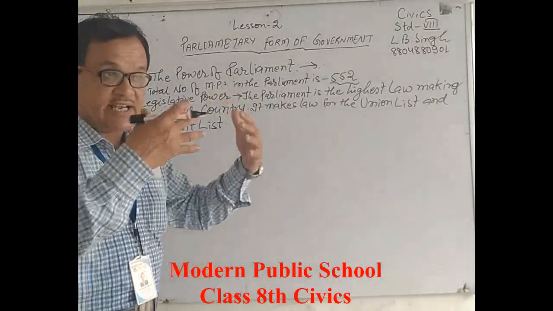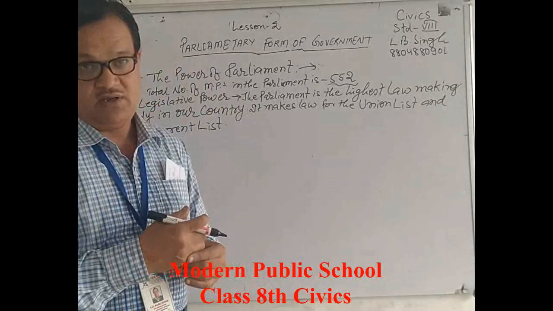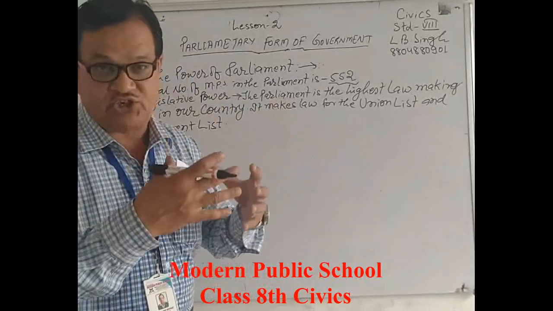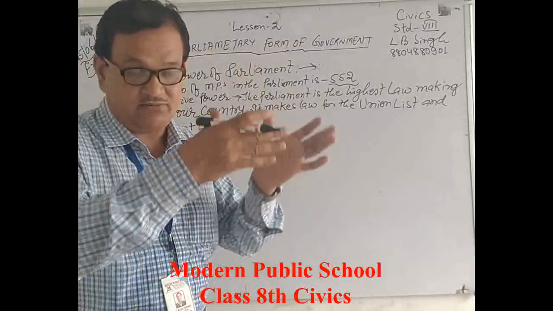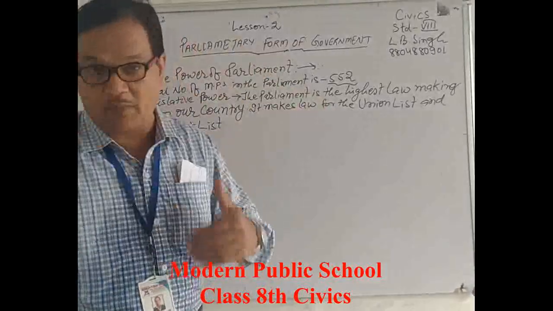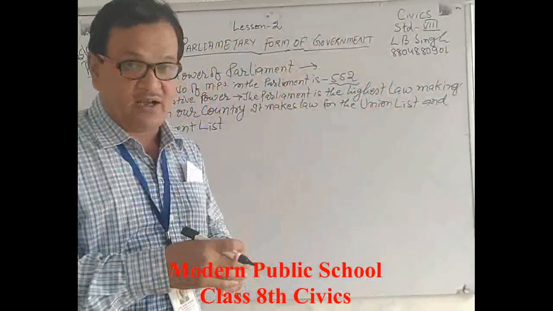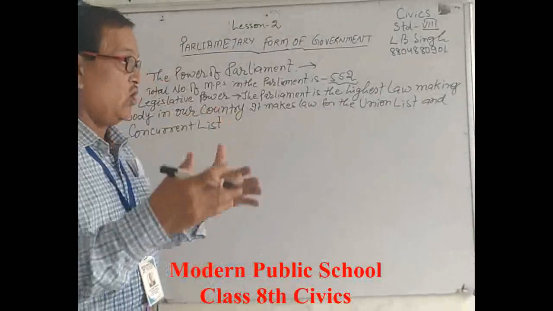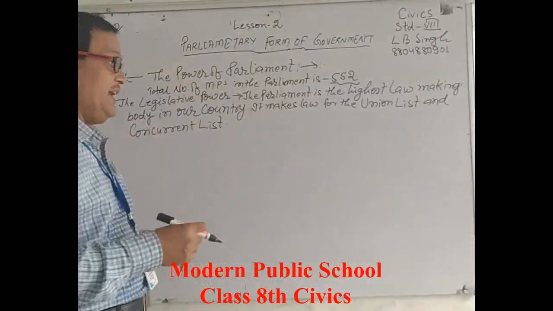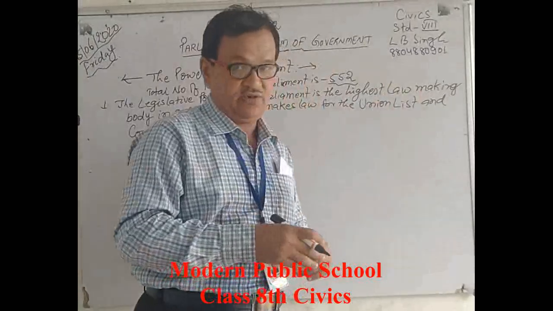There is a great tug of war between India and China. Both the armies are standing before each other. They are not agreeing to go back because China thinks it is its area and India says it is its area. So all this security comes under the union list.